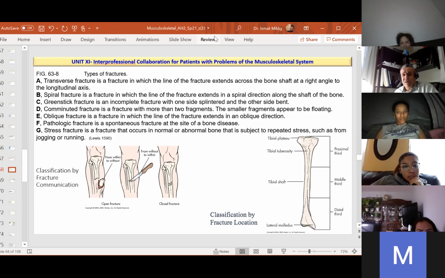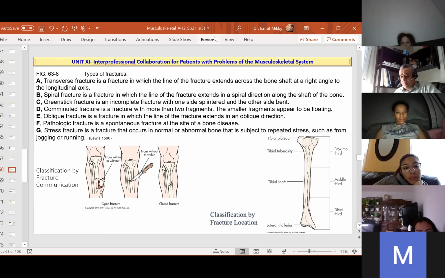Who would be at risk for pathologic fractures? Older adults, an older adult with severe osteoporosis, yes, pathologic fractures. Children who are born with osteogenesis imperfecta, which is a congenital disease.